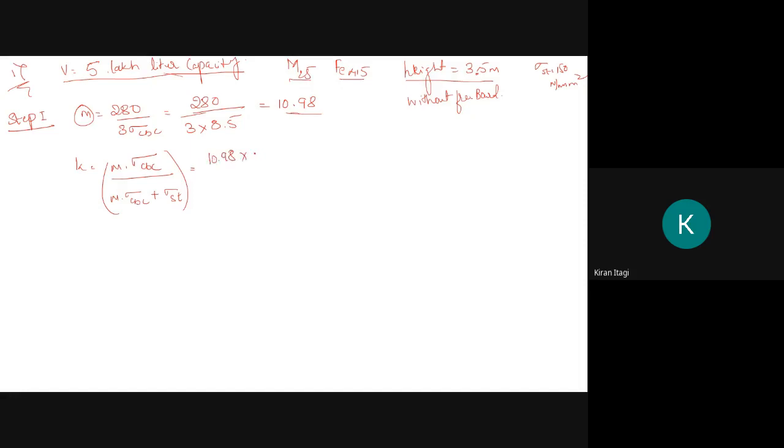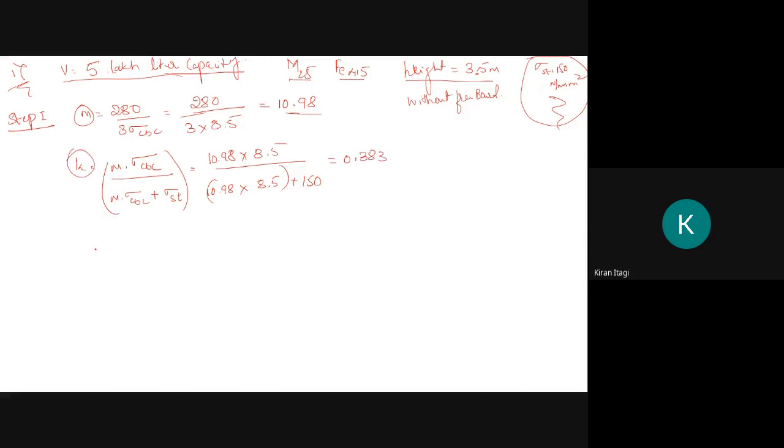Sigma cbc from the tabular column we have got 8.5, divided by 10.98 multiplied by 8.5 plus sigma st, which is directly given. Okay, 150, in the question only he has given. On solving we will get the k value as 0.383.